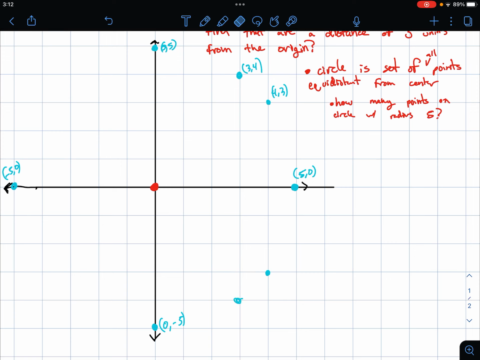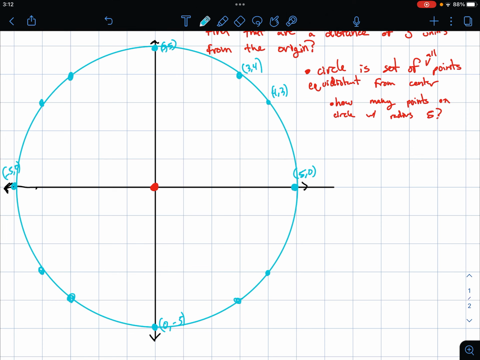But my goal is to end up with the set of every single possible point. So this is my set of points that I can realistically come up with off the top of my head for a circle with a radius of 5.